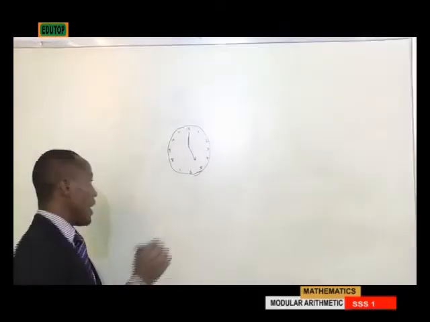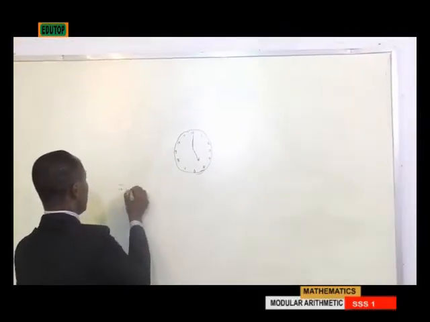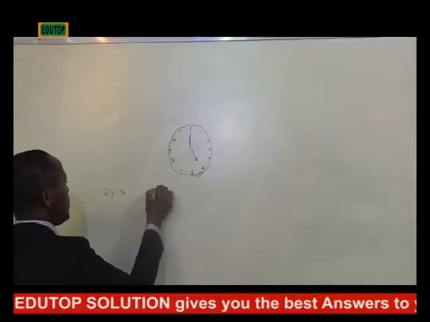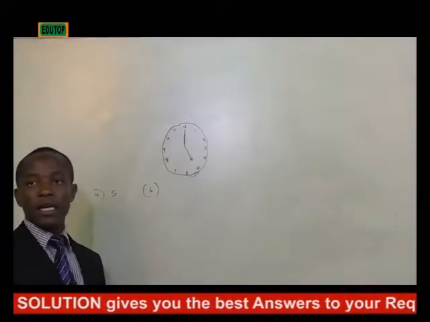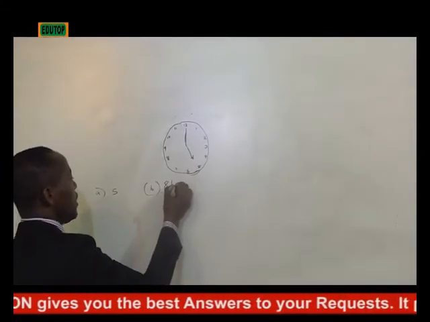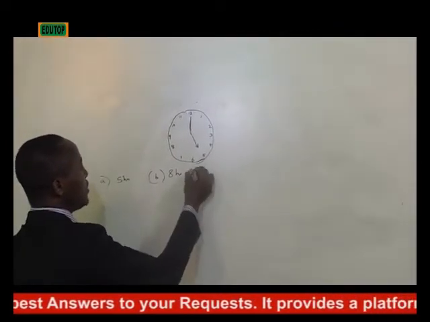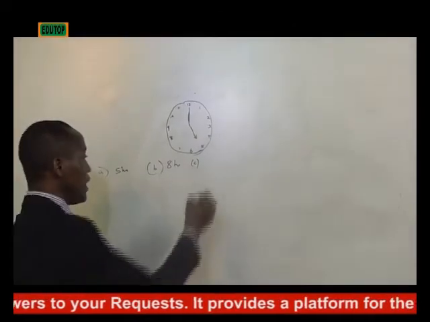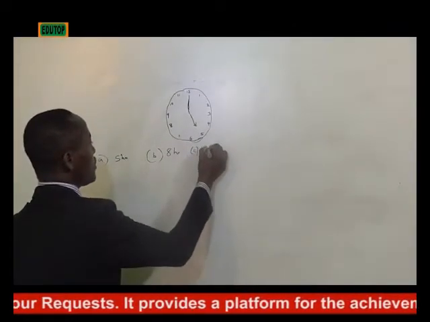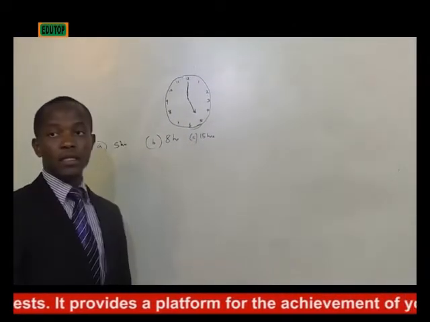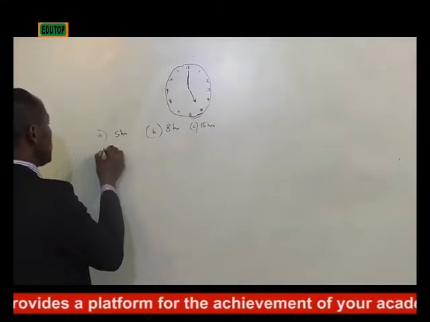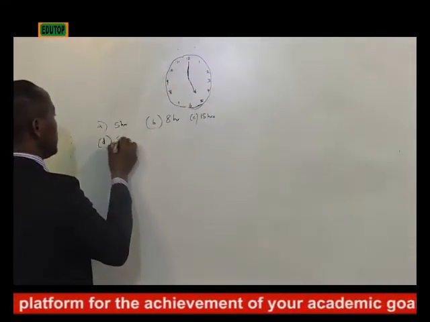So our A is after 5 hours, B is after 8 hours, C is after 15 hours, and D is after 24 hours. We'll be taking it one after the other.